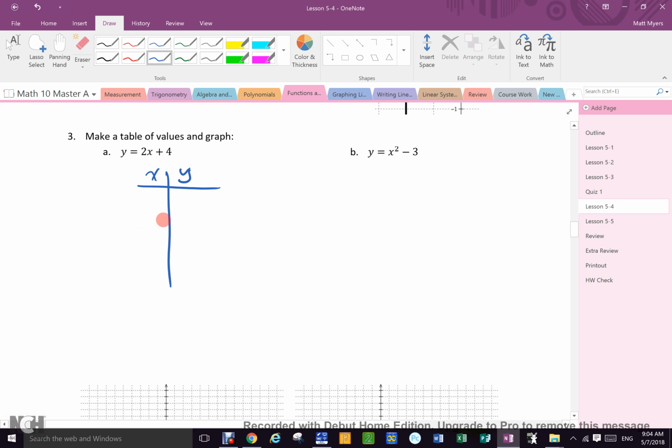Who decides what goes in for x and y? You do. Does it matter what numbers you use? No. Any numbers. I always like to use at least 3. Can anybody tell me why I need 3? Why isn't 2 enough?